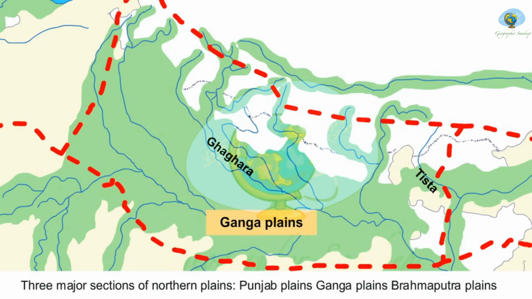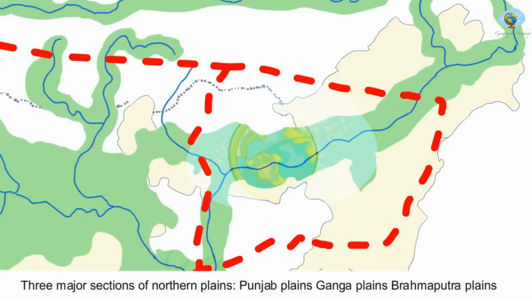It is drained by rivers Ganga, Yamuna, Ghagra, Gandak, Kosi and Teesta from the Himalayas and Chambal, Betwa, Son and Damodar from the plateau in the south. 3. Brahmaputra Plains, the eastern section of the northern plain, lies in Assam.